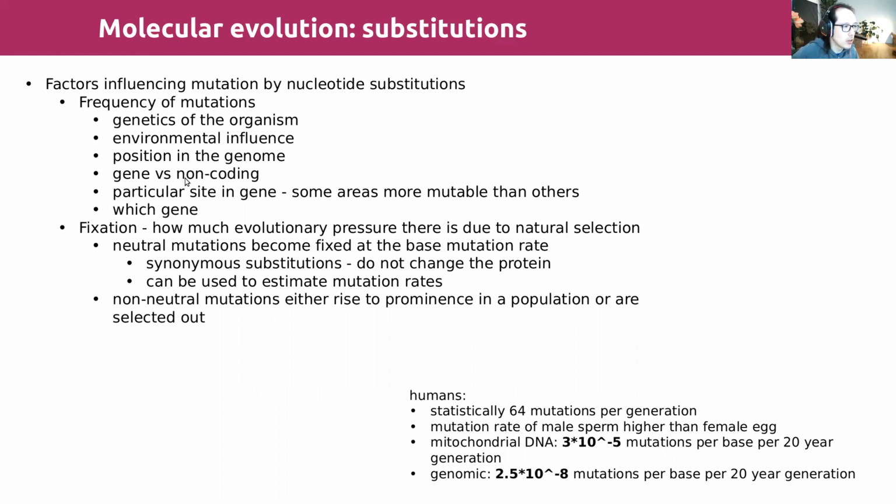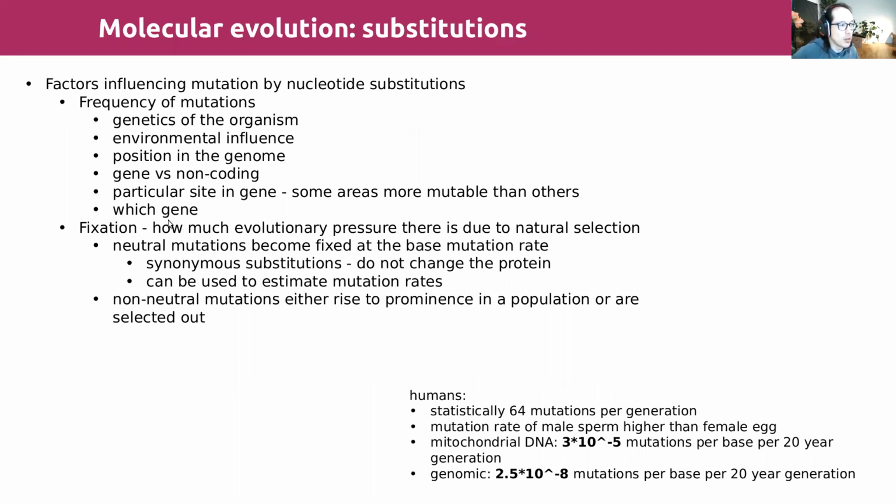Maybe they have regulatory functions, and you could have deleterious effects there as well. Particular sites in the gene: some areas are more mutable than others. If you have a protein that has a binding site, maybe that binding site will be very sensitive to changes, whereas other structural bulk in the protein is more mutable.